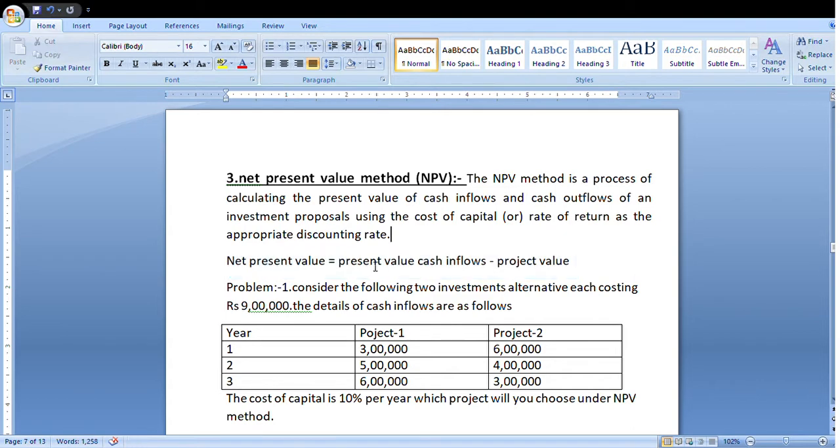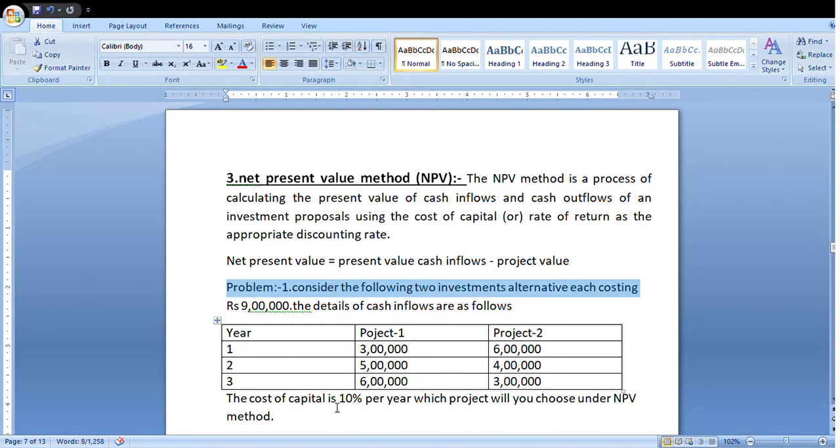For example, consider the following two investment alternatives, each costing 9 lakhs. The details of cash inflows are as follows. This is the years, project 1, project 2 cash flows.